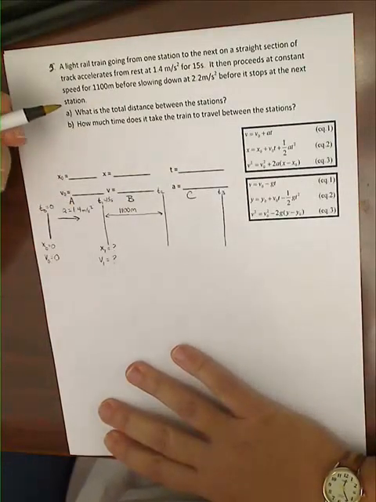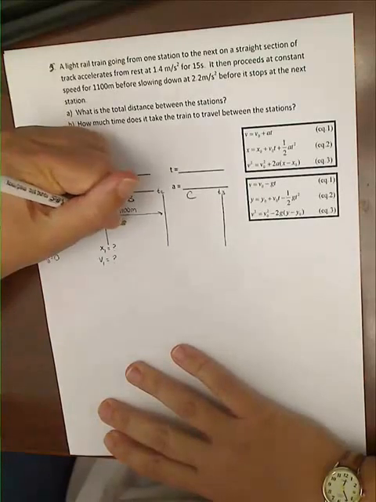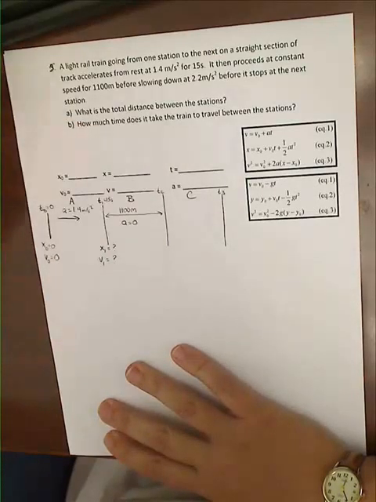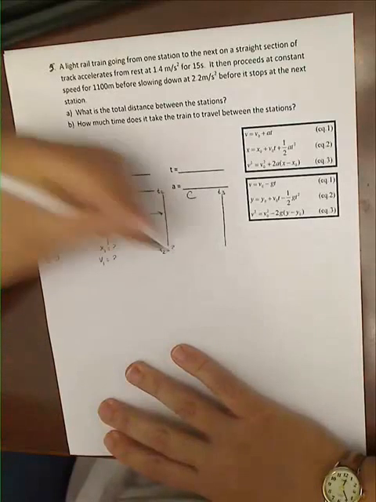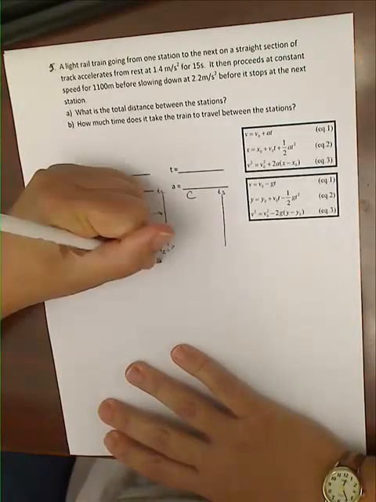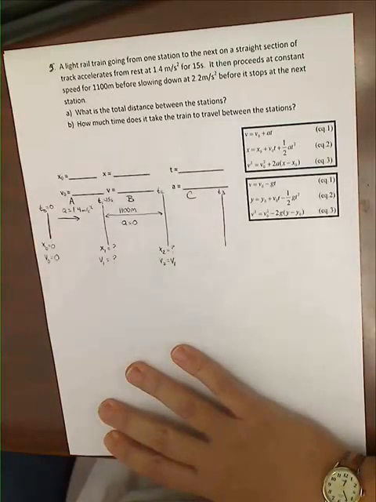During period B, it goes along at a constant speed, so that means the acceleration is 0. Its position when it gets to the end of period B, I don't know. Its speed, I don't know what it is, but it's the same as what it started with because it's moving at a constant speed. So if I can find V1, I know what V2 is. Then what happens during period C?